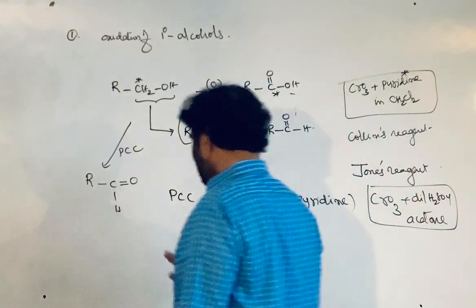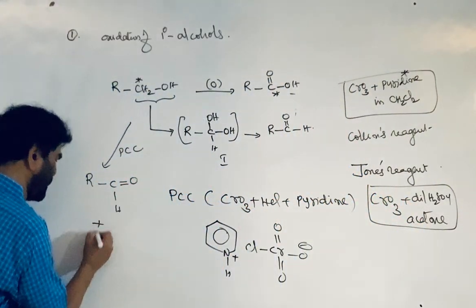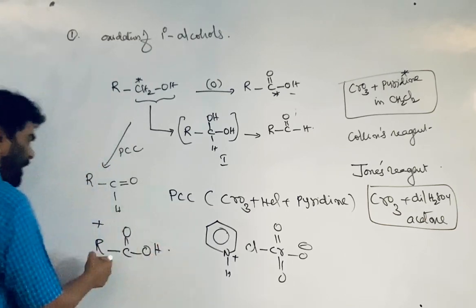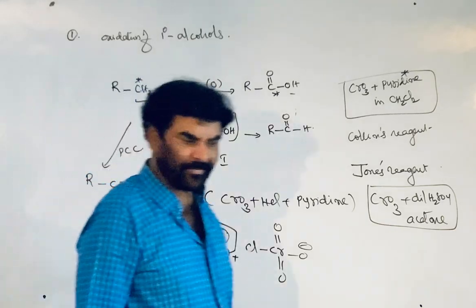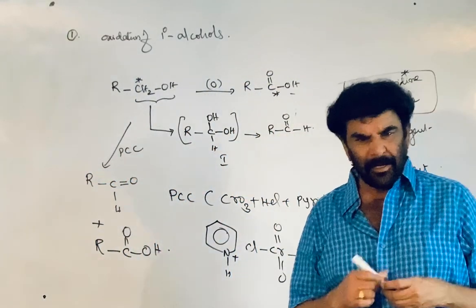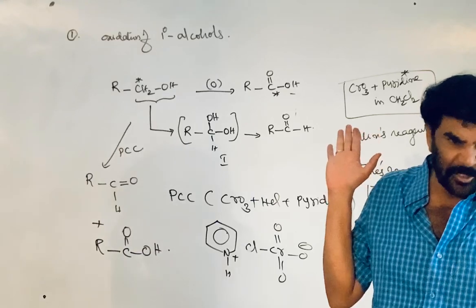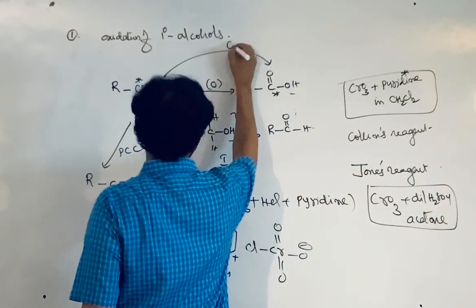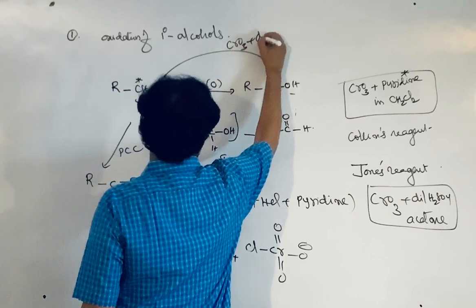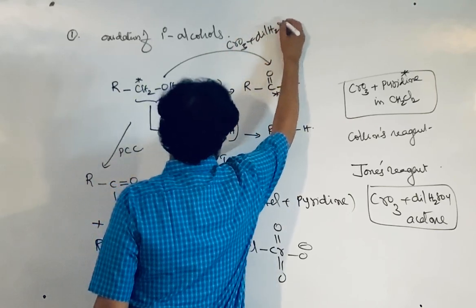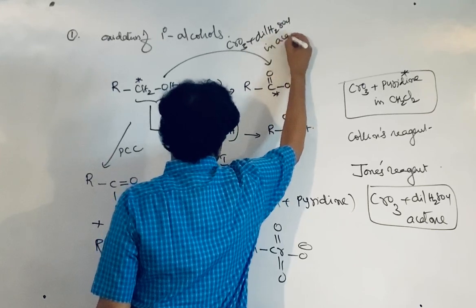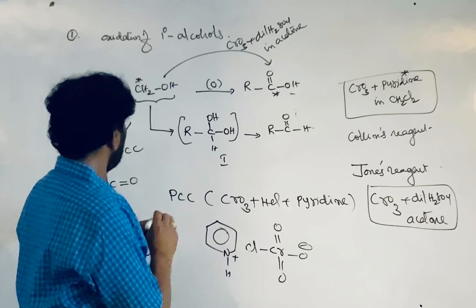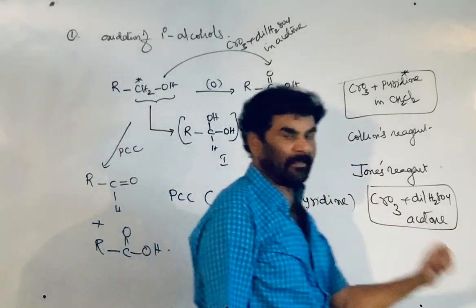Therefore, Jones reagent mostly gives a mixture of the corresponding aldehyde and the corresponding carboxylic acid. Therefore, it is better not to take the Jones reagent. If the primary alcohol is treated with the Jones reagent, CrO3 plus dilute H2SO4 in acetone, the primary alcohol is converted into the carboxylic acid.